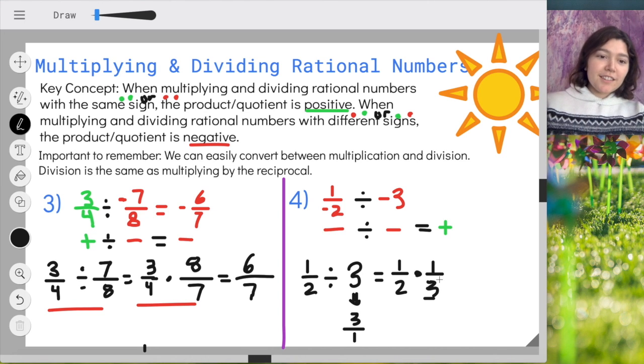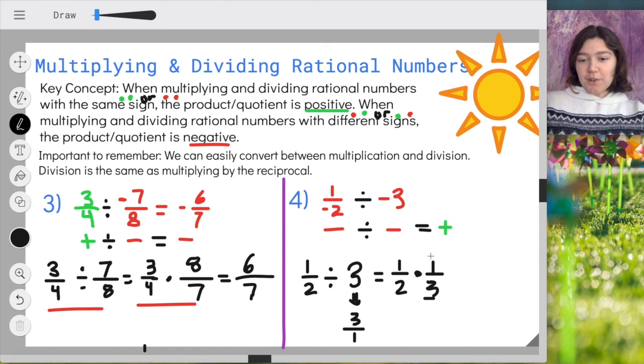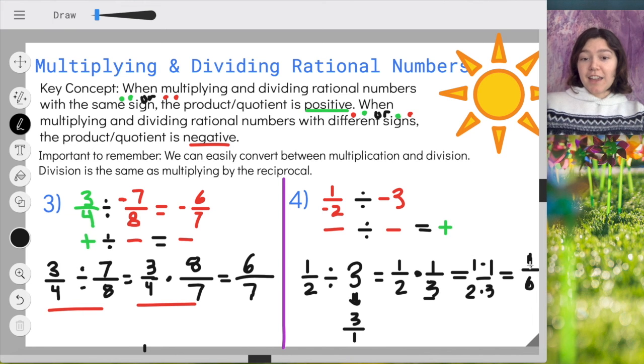Why? Because division is the same as multiplying by a number's reciprocal. Awesome. Now, last thing, we need to multiply these fractions. I get 1/6 as my quotient to 1/2 divided by 3, which is also the product of 1/2 times 1/3.